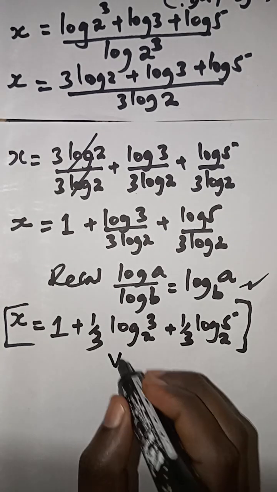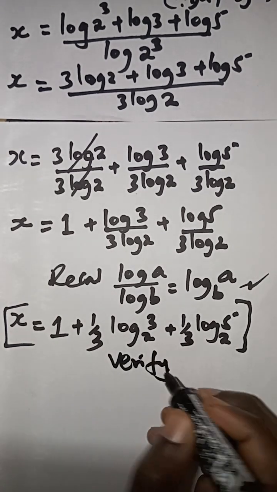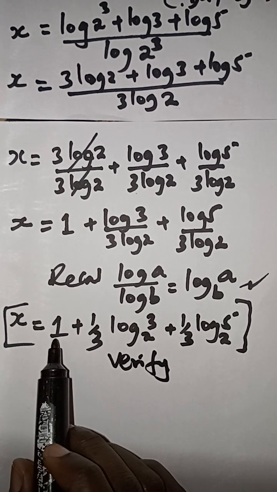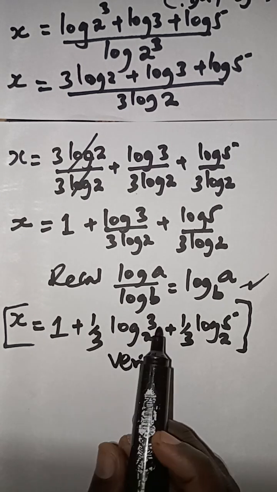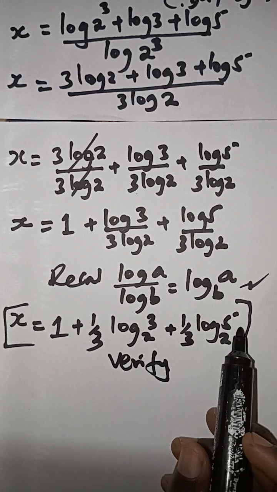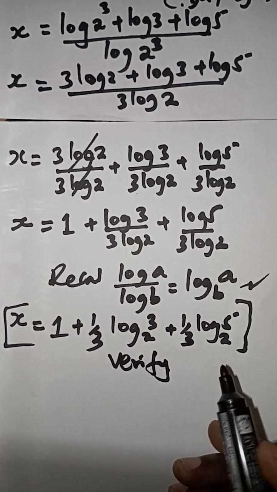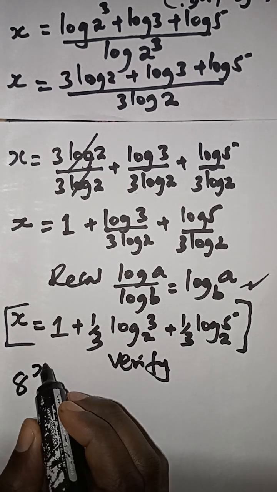You're going to go ahead and verify if indeed the value of x is 1 plus a third of log of 3 base 2 plus a third of log of 5 base 2.